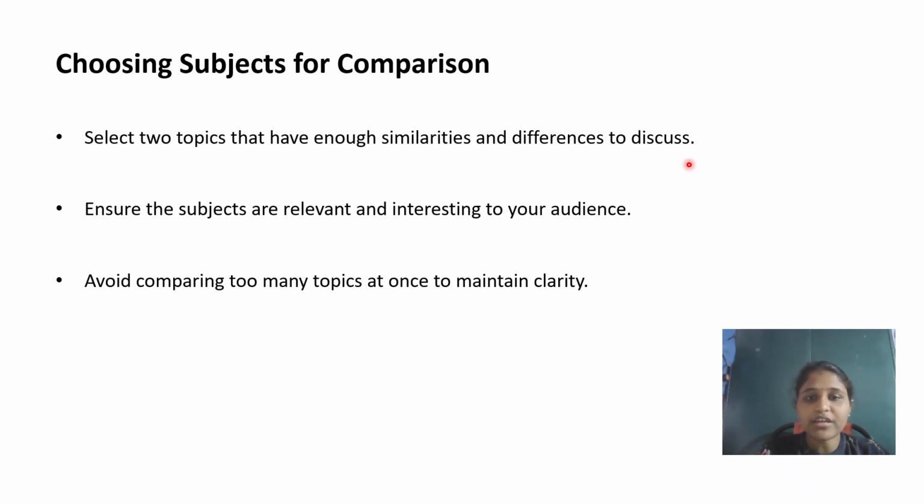Then only we can gain some confidence in telling them these topics. Avoid comparing too many topics at once to maintain clarity. Otherwise, the audience will be overwhelmed by the topic. So that's why we give the main content of the topic.